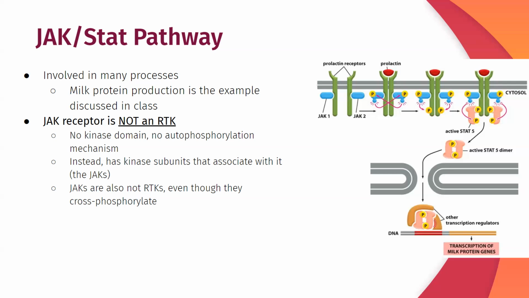And once they are bound, then the JAK will phosphorylate the STATs. And then once active, that will cause a conformational change, which will cause them to diffuse away from the receptor, and then they will be able to bind each other. And so once the dimerization of STAT happens, then it goes into the nucleus and acts as a transcription factor in order to upregulate the production of the milk protein.